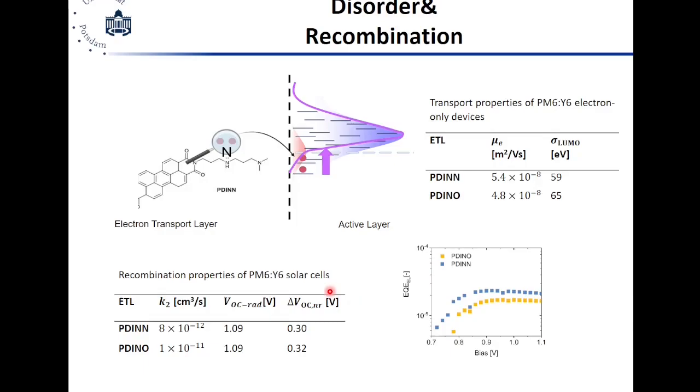There are multiple strategies to suppress the static disorder in order to reduce the non-radiative losses, which are the main loss mechanism in organic solar cells. Here we are presenting an alternative strategy. By using a different electron transport layer, we were able to suppress this recombination channel.